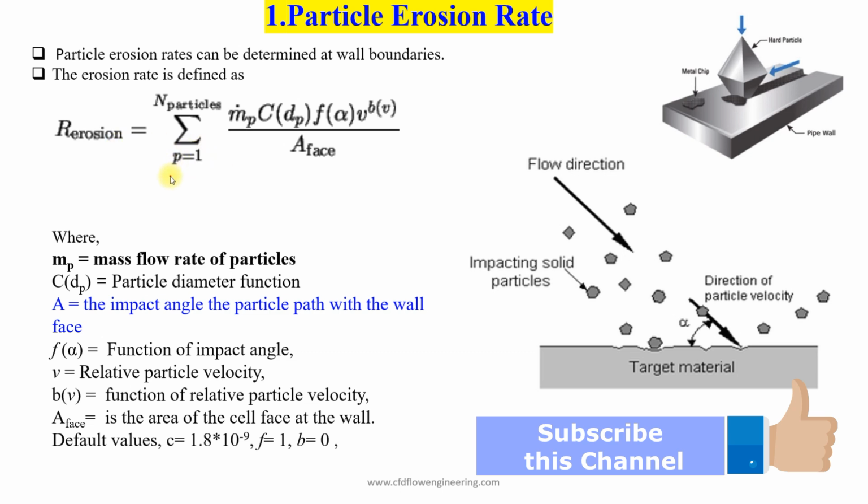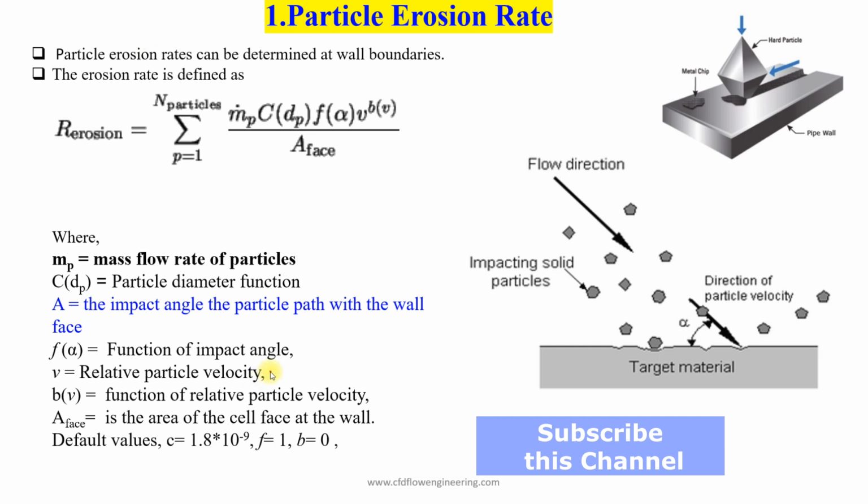It is the summation of material removed by all the particles, and it is a function of mass of particle, particle diameter function, and angle function. The angle of particle toward the surface is also important to determine the erosion rate.